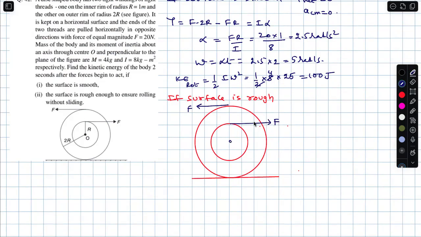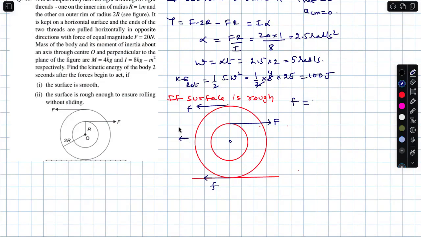I don't care about this. I see that this force is friction, I'm assuming that for a while. Now you apply the torque equation. What is the torque equation for you? See here, very simple. Net force is friction now.